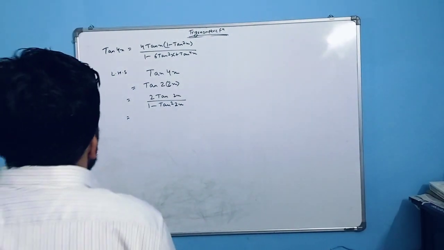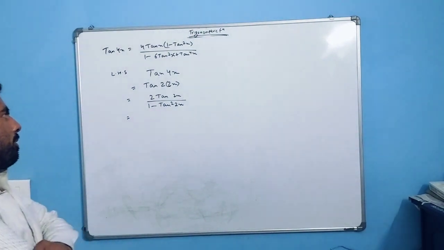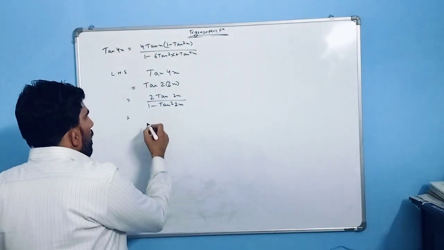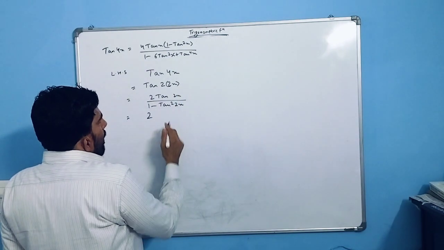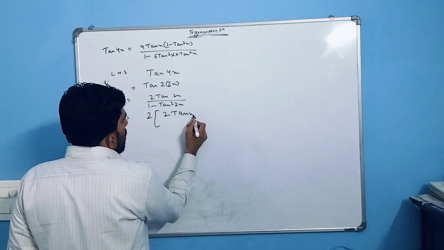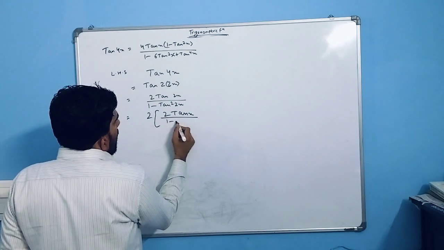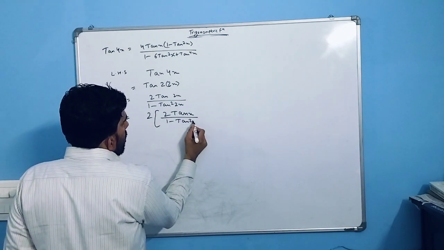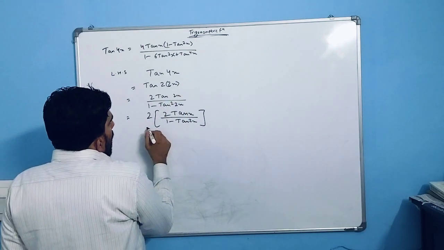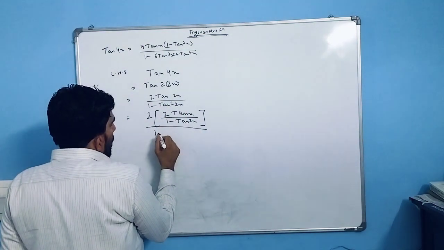Now see, we have the formula for tan 2x, that is 2 tan x upon 1 minus tan square x. Here we'll apply tan 2x again, that is 2 tan x upon 1 minus tan square x, because we have 2x here, and upon we have 1 minus.